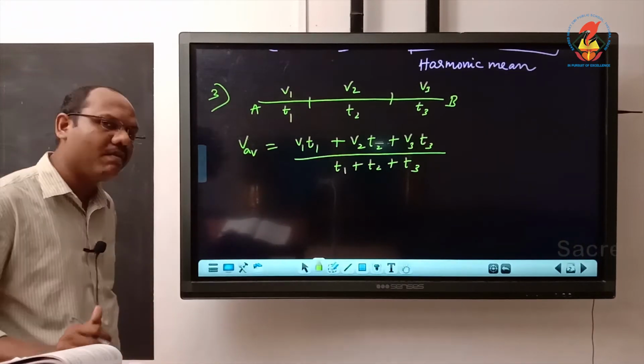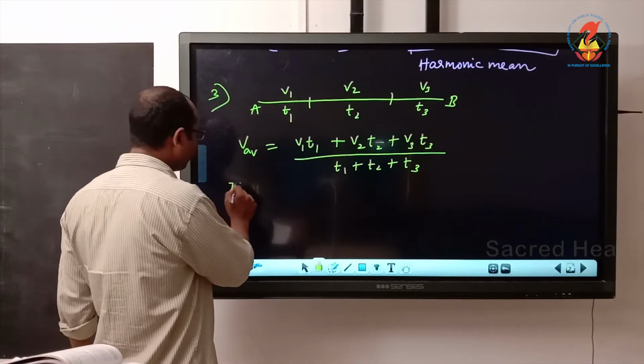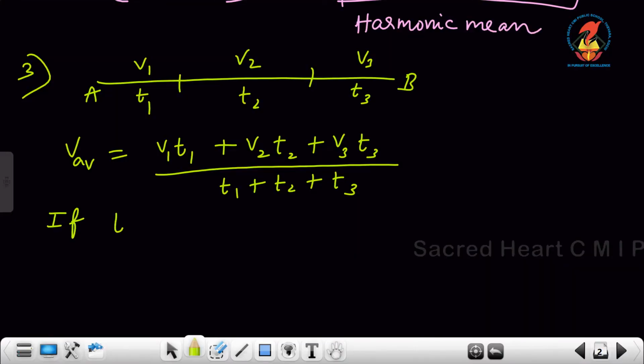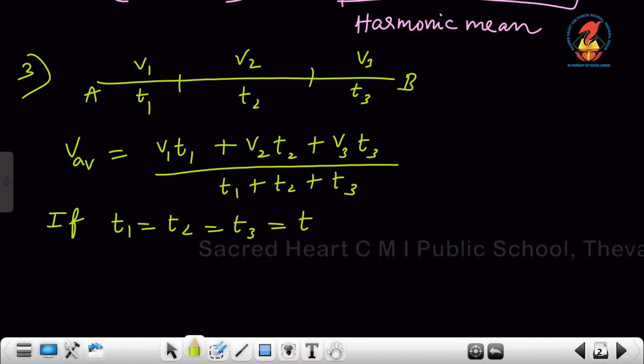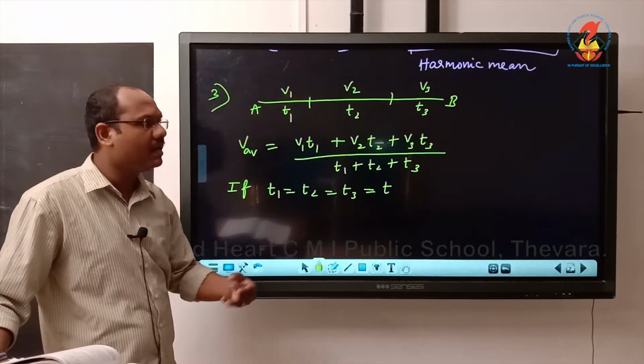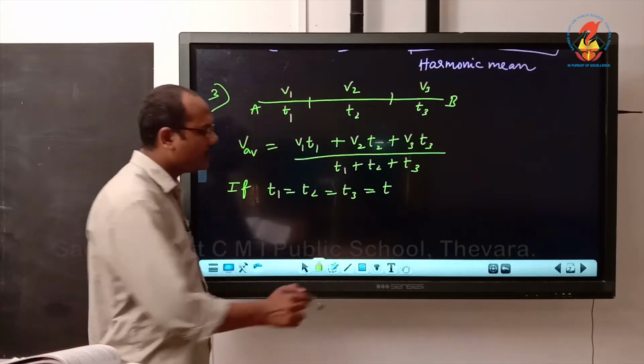And again, I am asking, if the time interval is the same, that means T1, T2, T3 are all the same as T, then what will be the change in the equation?